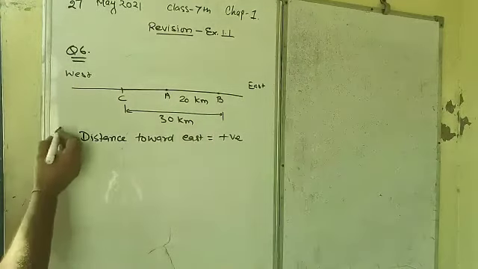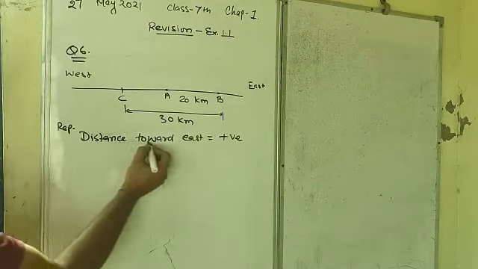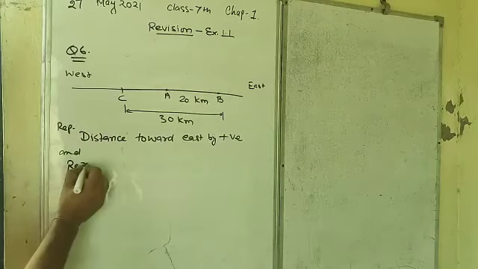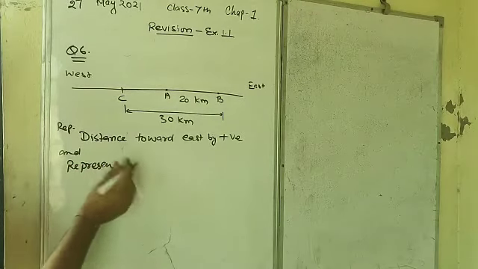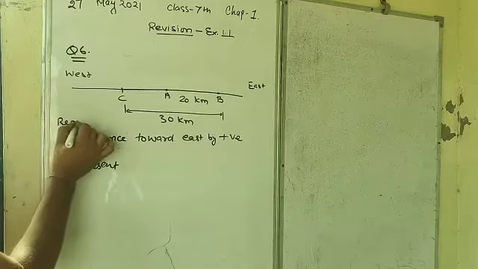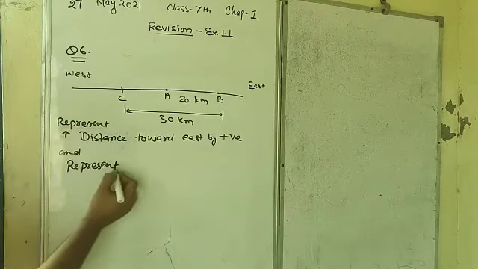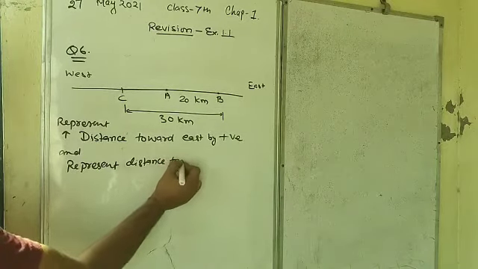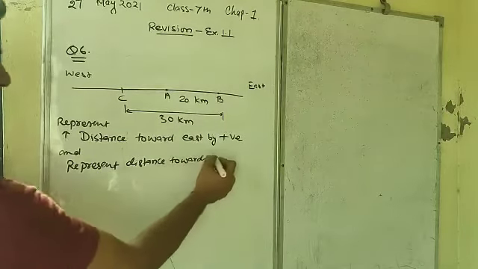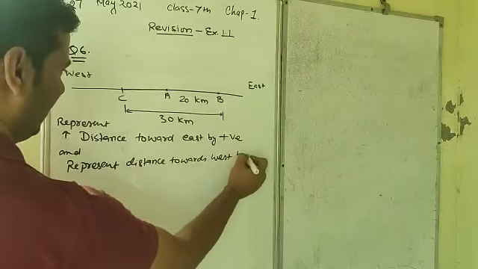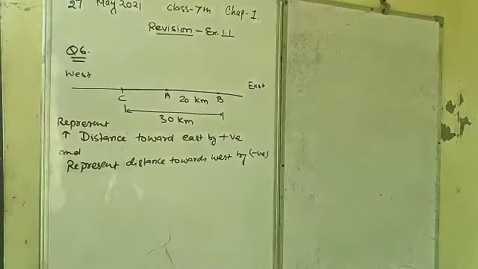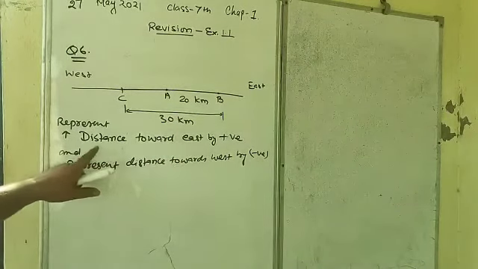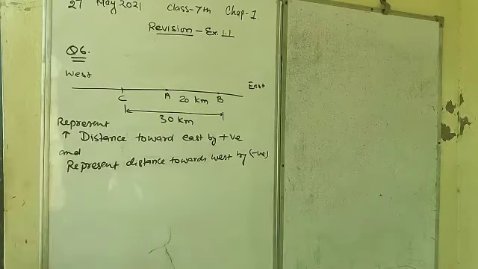Represent distance towards east by positive, and represent distance towards west by negative integers. पॉजिटिव नंबर से हम इंटीजर से हम रिप्रेजेंट करेंगे डिस्टेंस टुवर्ड ईस्ट और वेस्ट को रिप्रेजेंट करेंगे माइनस.